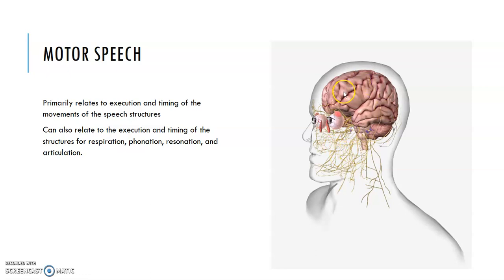So again, phonology is just the storage of those rules in the brain. Motor speech is really that planning, so the instructions of how to get those speech sounds out of the brain and to the speech organs.